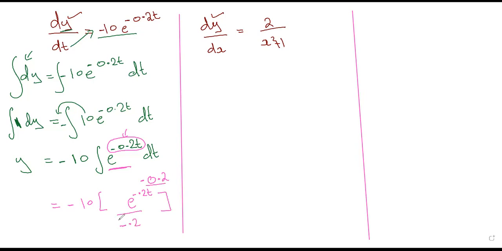Okay. So minus and minus can be cancelled, and 10 divided by 0.2, I'll just write down the answer now. We will get 50 e to the minus 0.2t plus c. So this is what we get.